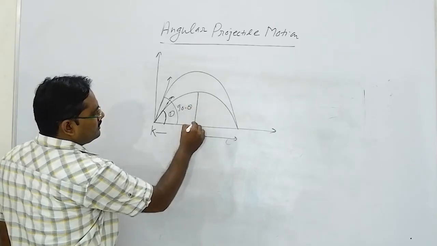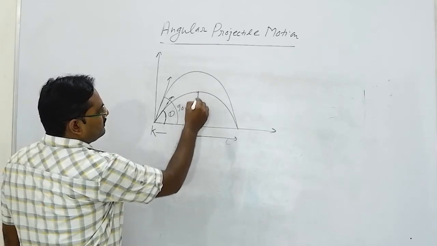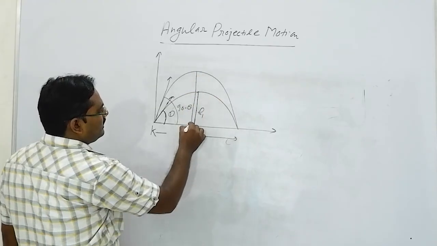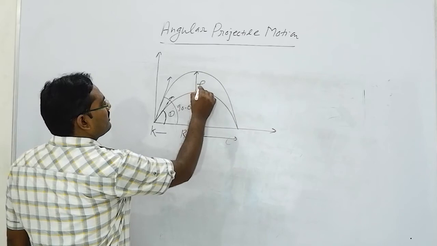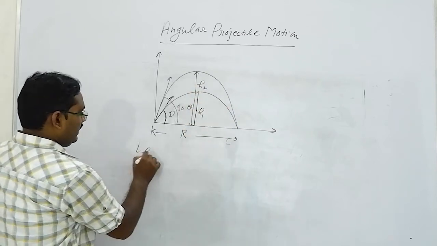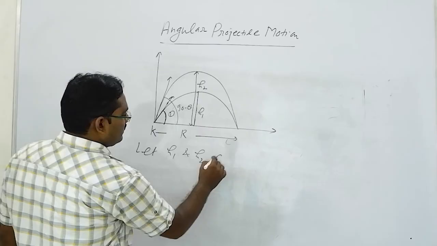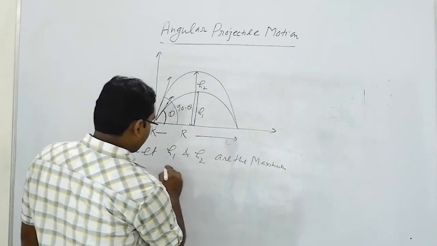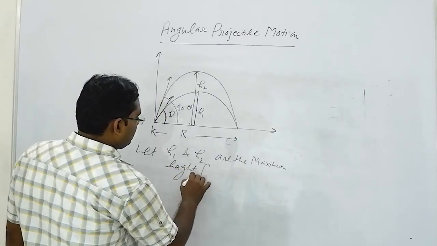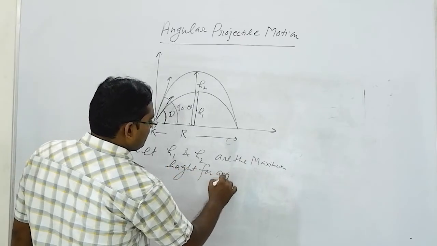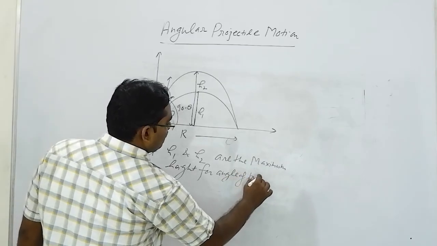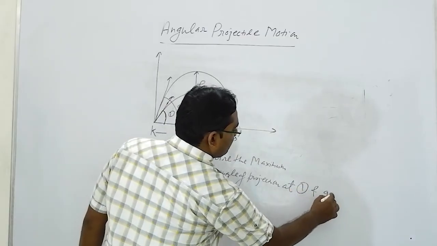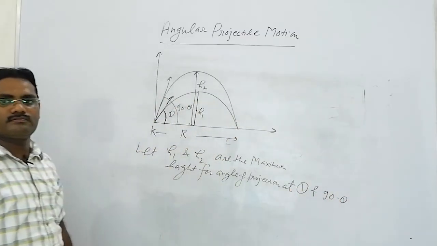Let this one be the height for the first trajectory and this one be the height for the second trajectory, H2. Let H1 and H2 be the maximum heights for angles of projection theta and 90 minus theta.